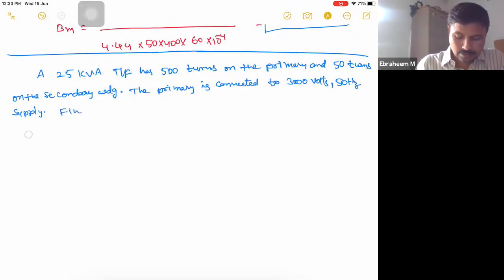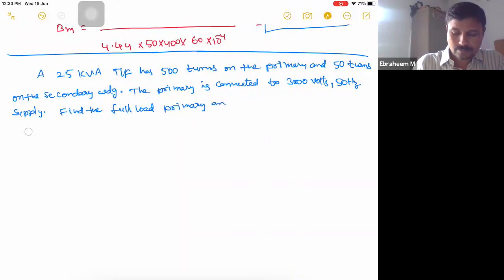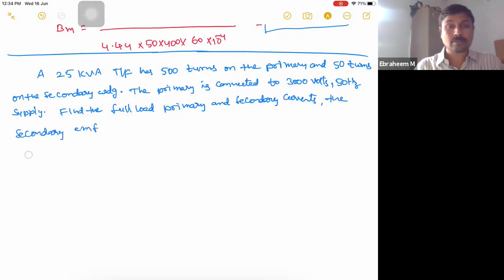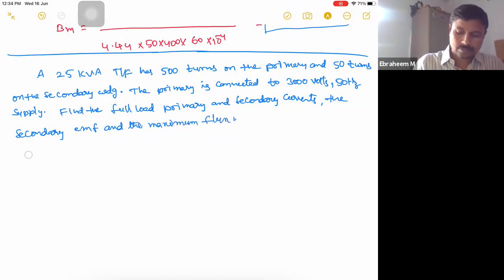Find the full load primary and secondary currents, the secondary EMF and the maximum flux in the core.